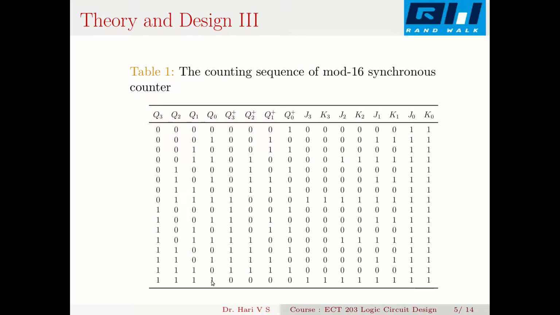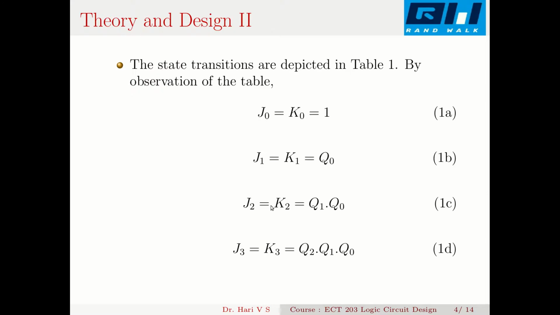So by observing, you can say that J2 is equal to K2 is equal to Q1 and Q0, because whenever they both are 1s, J2 and K2 are 1s. So I have the third equation, J2 is equal to K2 equal to Q1 and Q0.